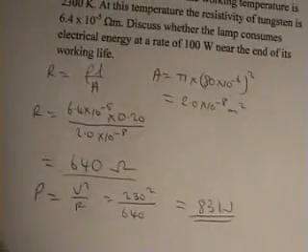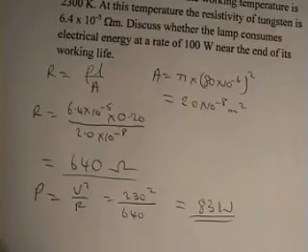So I've shown that with the numbers I've got, at the end of its working life, the bulb doesn't consume electrical energy at a rate of 100 watts, it actually consumes it at 83 watts. Which would mean, of course, that the bulb would actually look darker.